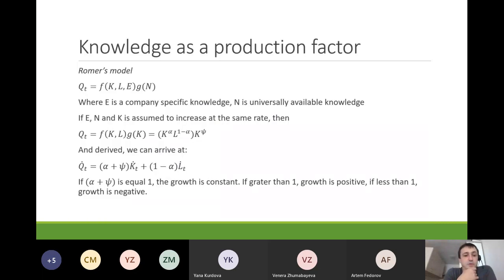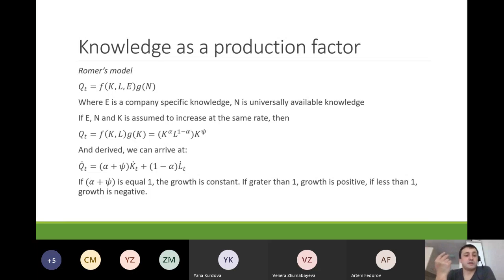Last bit about theory, which I'm going to mention, is Romer's model, which basically corrects the Cobb-Douglas function when they say there are 2 production factors. It's kind of simplistic.